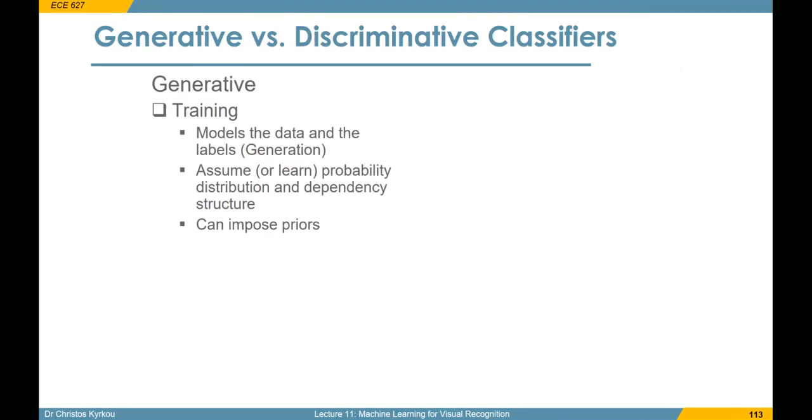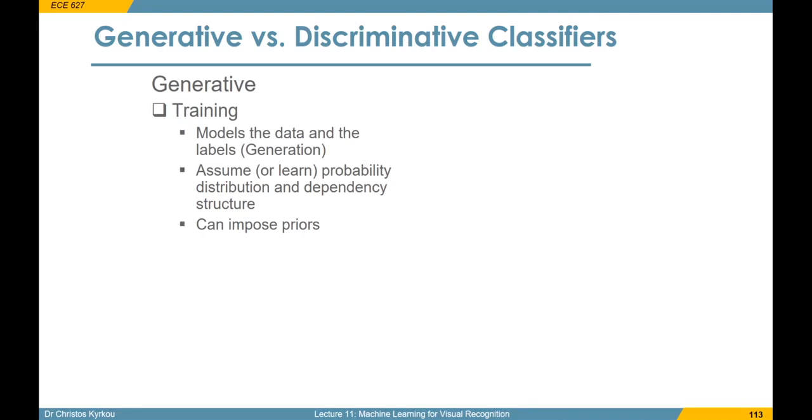So let's do a small recap just to summarize what we saw today. We started discussing generative and discriminative models. Generative models during training model the data distributions rather than decision boundaries, and assume that we learn some form of probability distribution.